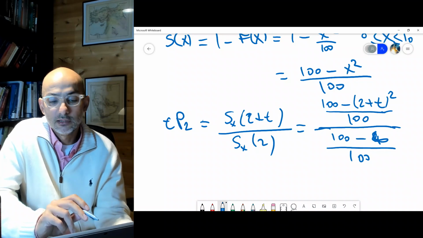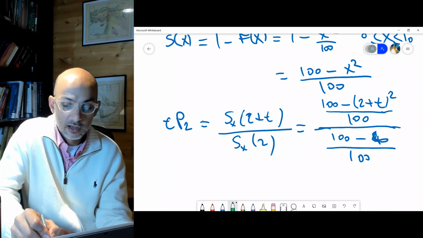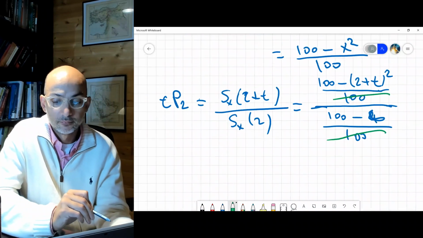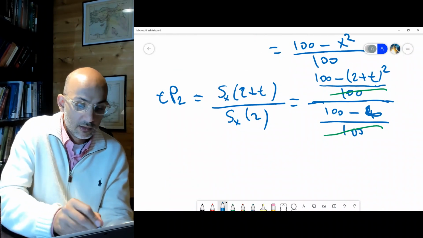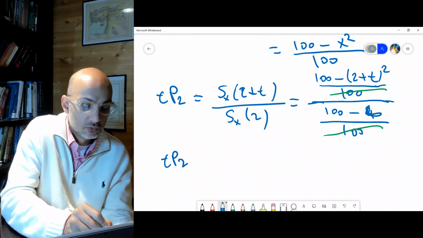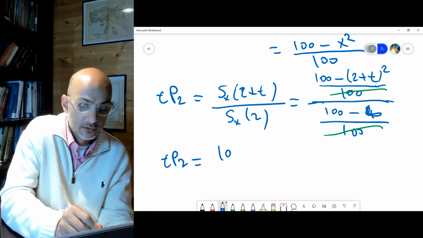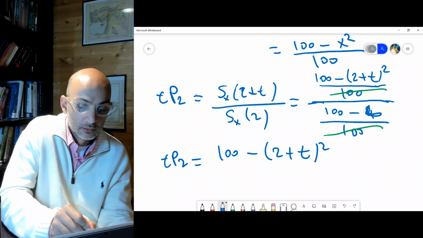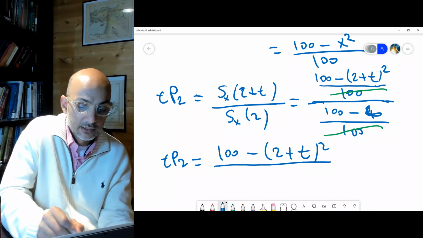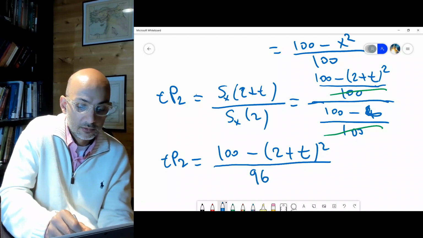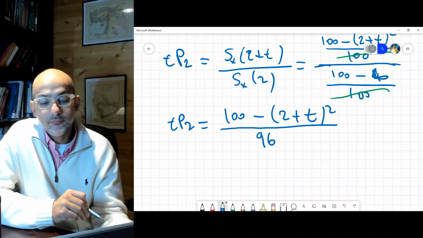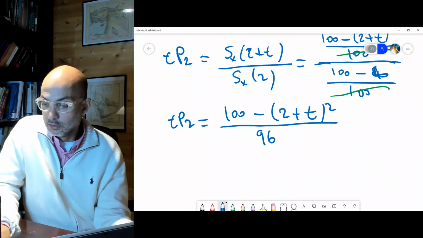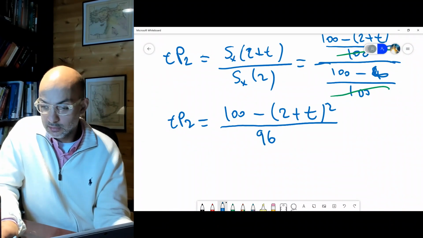I just plug in the values. So these guys will cancel out. So what you end up with, tp2 is equal to 100 minus, let's keep it as is, 2 plus t squared divided by 96, correct? Right, 96.